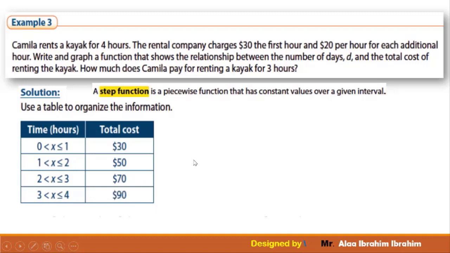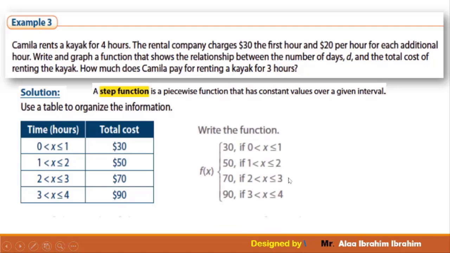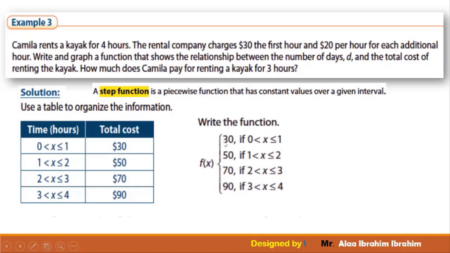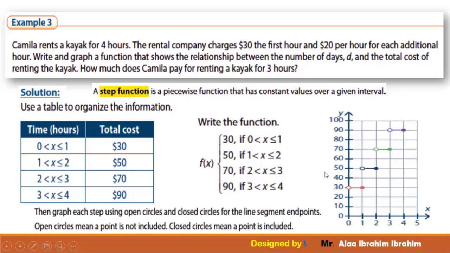So now I'm ready. This is my y, these are my values of x. So I have to make it like this. This is my function, these are my values of y, this is my start and end for each one. The step function is always in this form. Can you see that from 0 to 1, 0 is open and 1 is closed, because 0 is not included.